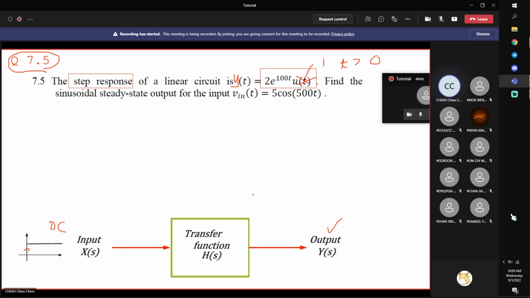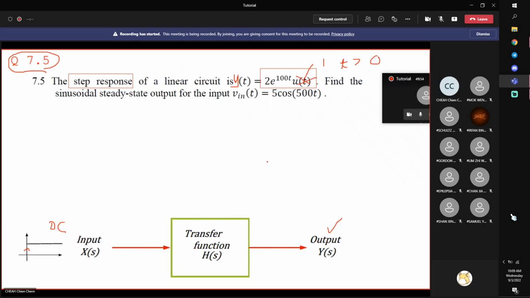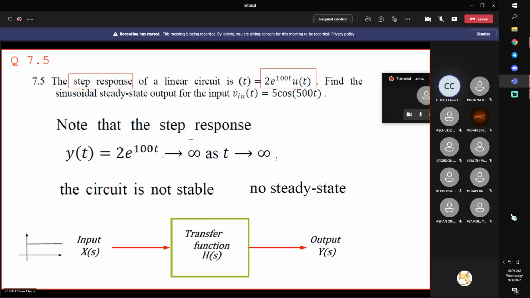Next, note that this output goes to infinity as t goes to infinity. It doesn't go to 0. It doesn't go to any constant value. Actually, if the system is stable and you have a DC input, it should give you a DC output. If not, there's some problem. Either it is unstable or it could be oscillating.